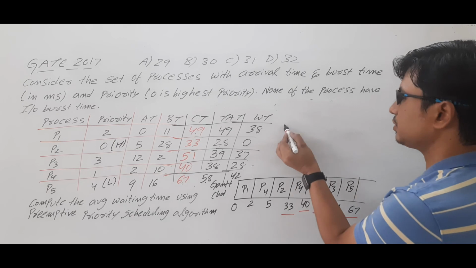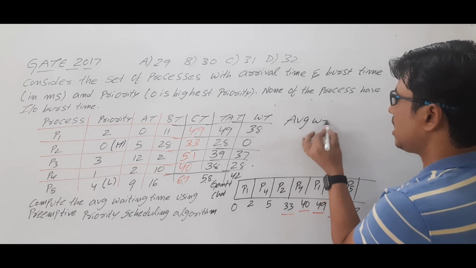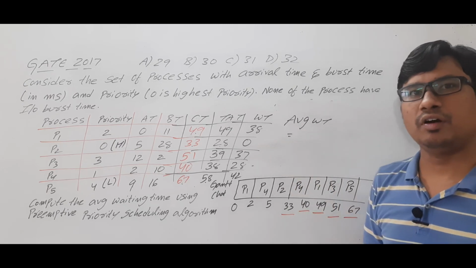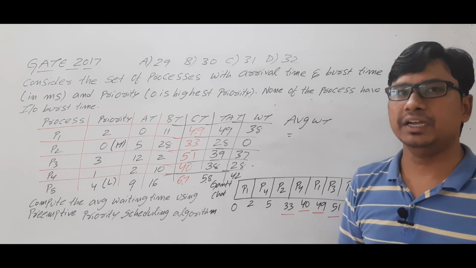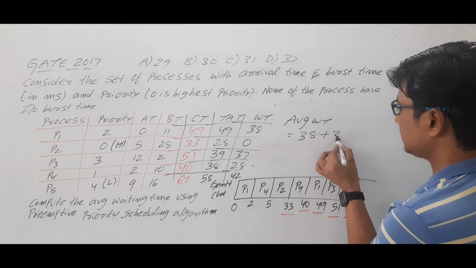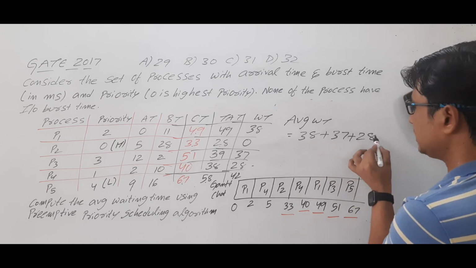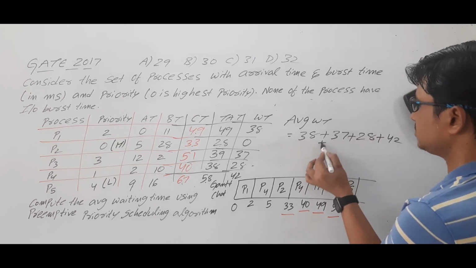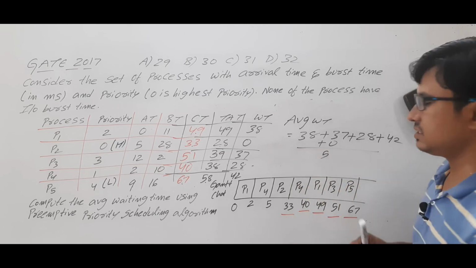Now we need to compute the average waiting time. Average waiting time is the sum of all the processes' waiting times divided by the number of processes, which is 38 plus 37 plus 28 plus 42 plus 0, divided by 5. Is it clear?